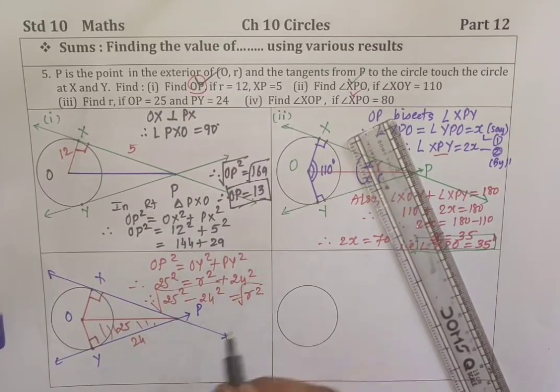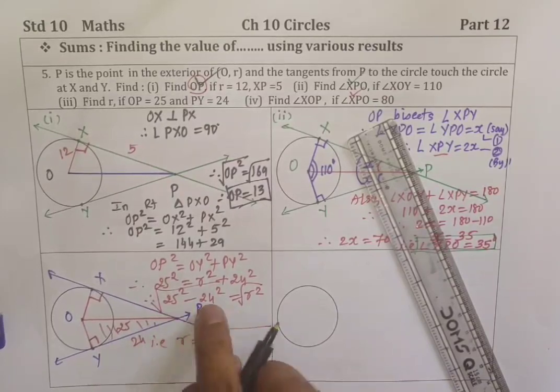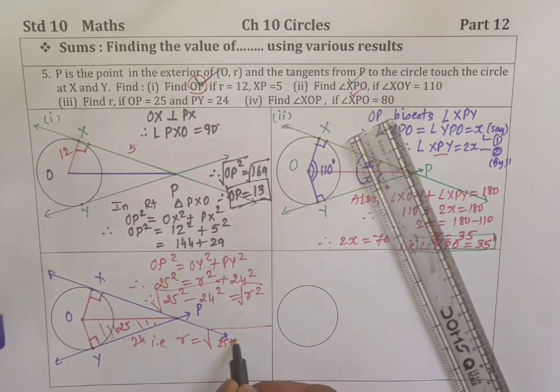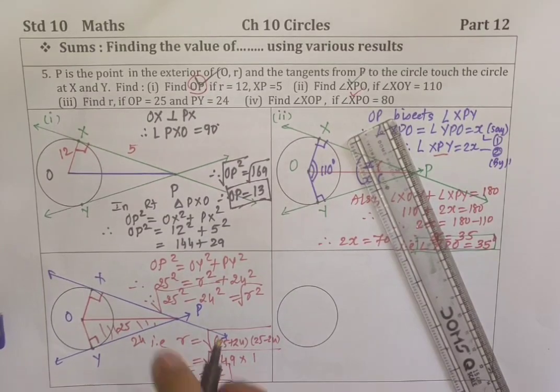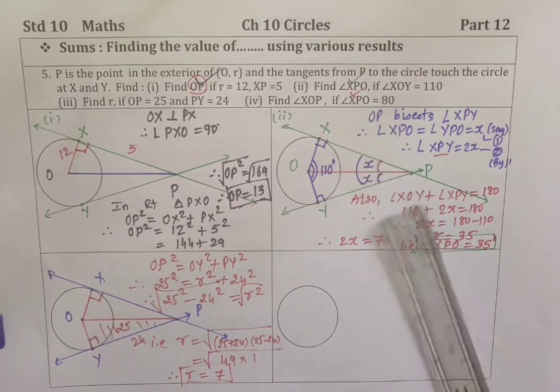Taking square root on both sides, we get square root of R square, and on the other side square root of (25 plus 24) into (25 minus 24), that is square root of total 49 into difference 1. That became easy. 49 times 1 is 49 and the square root of 49 is 7. So what is the radius in this case? 7. If diameter was asked, you could have doubled it.